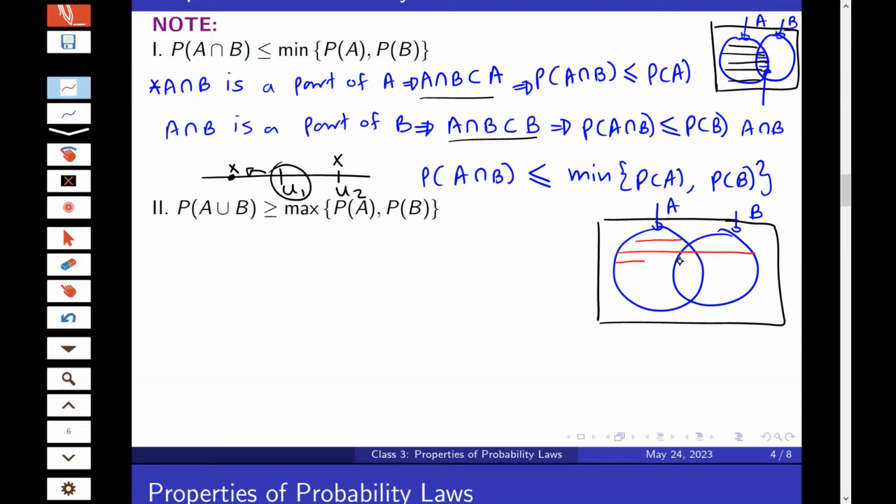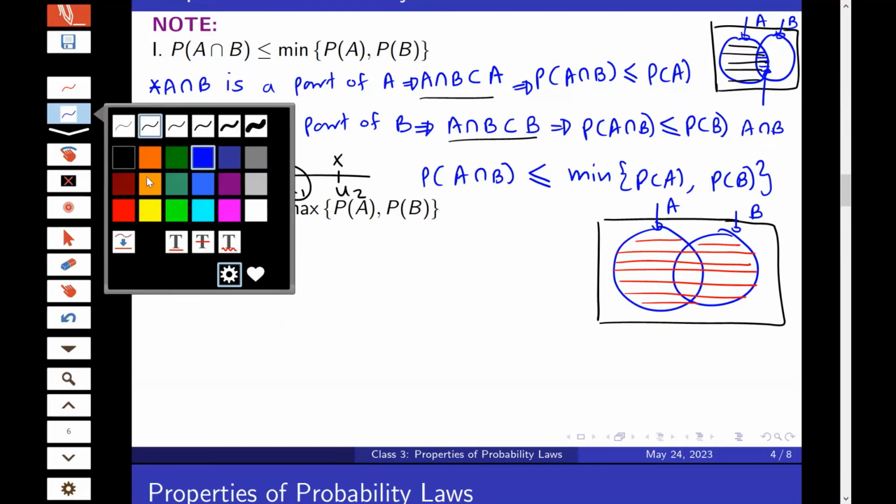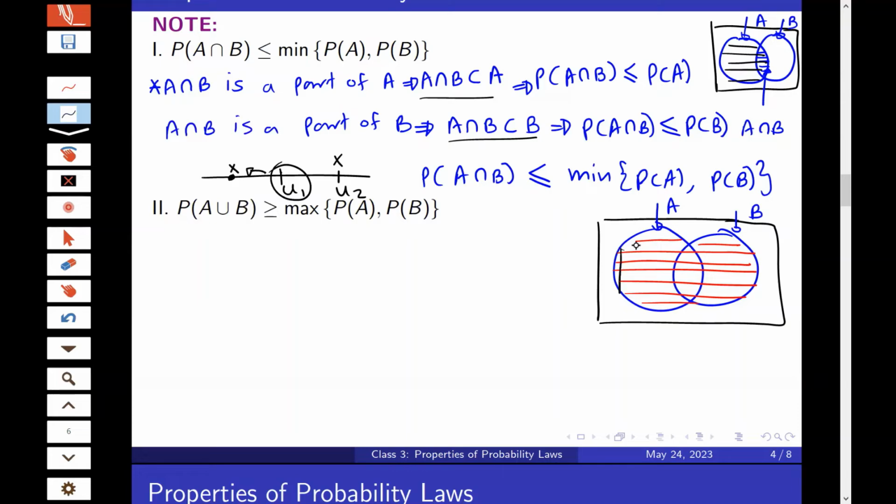The red color part is the union. And now I'm going to show only A. So the black color area is A.